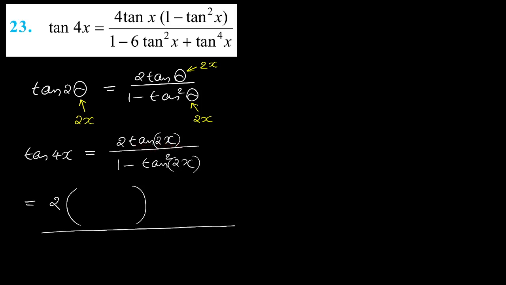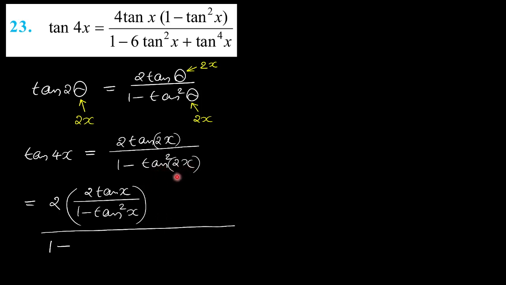Tan 2x is what? Tan 2x is 2 tan x divided by 1 minus tan square x. You can zoom it if it is not properly visible. If you are watching from mobile, you can zoom it. All of it clear? Devasri, you understood this step? Yes sir. 1 minus, what is the meaning of tan square 2x?